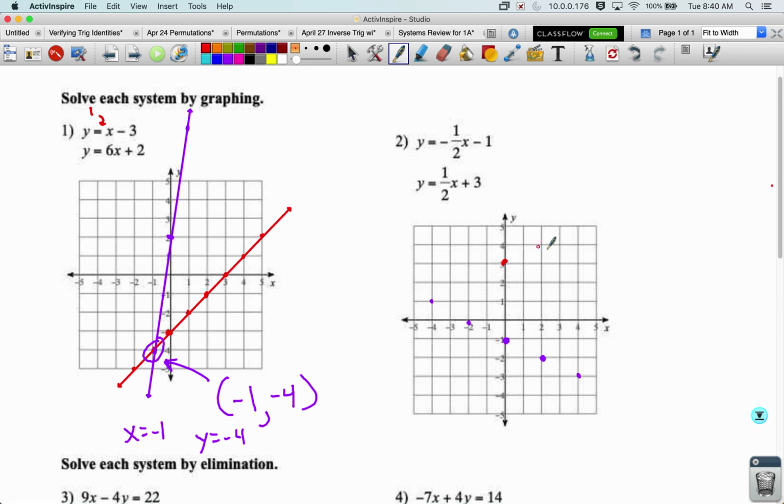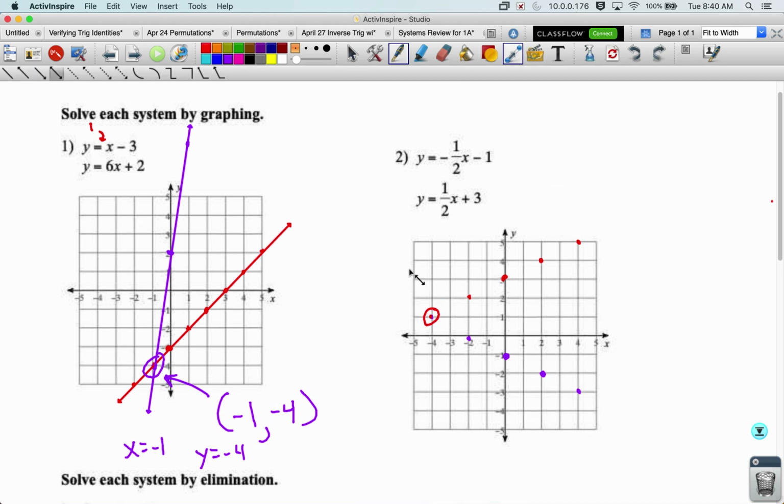We go up 1, right 2, up 1, right 2, or down 1, left 2, down 1, left 2, and there we can already see our point of intersection, but it's nice to add in these lines. I'll do the red one first, followed by the purple one.